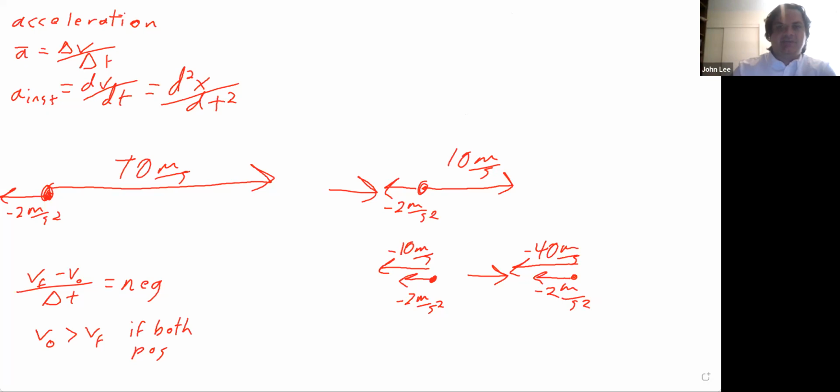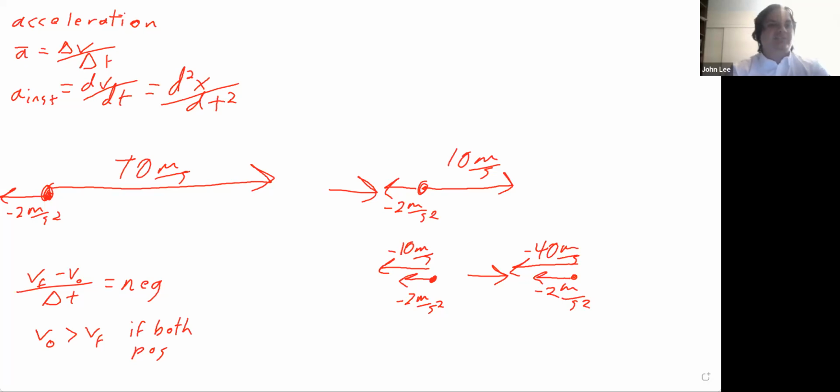And the same rules are going to apply to position versus time with a negative velocity. East is positive x generally.